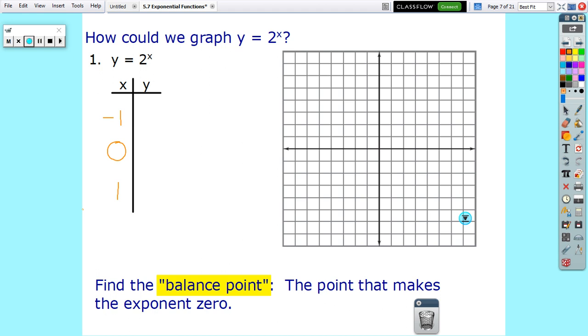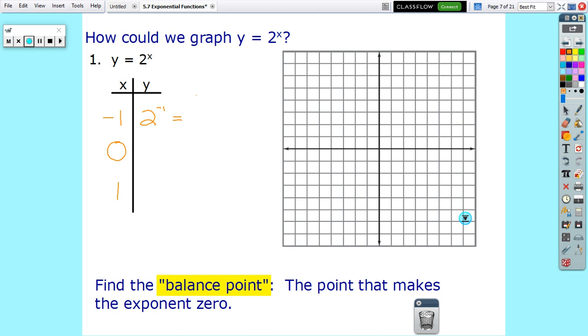So 0 is not always going to be the number that you use, and we'll look at some of those examples in just a second. But basically what you're doing is taking these numbers and putting them in for x here. So you would have 2 to the -1. Well, we don't like negative exponents, so in order to get rid of them, we have to do the reciprocal of this number.